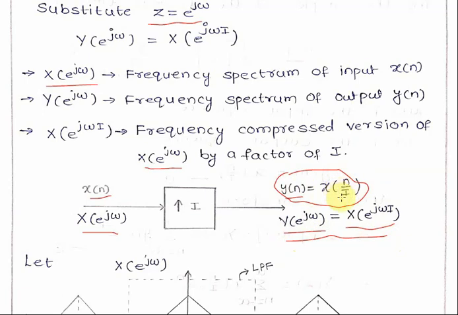Here we are doing interpolation, that is divided by I. In frequency domain it will become decimation, that is multiplied by I. We know in decimation the signal will be compressed. That's why we are calling x of e power j omega I the frequency compressed version of x of e power j omega.